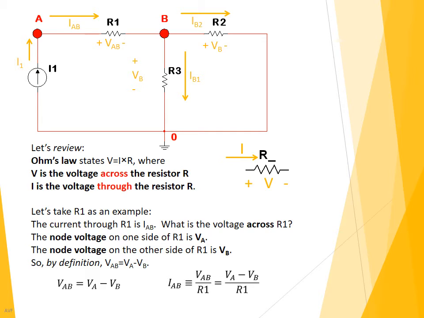And so the Ohm's law expression for the current going through the resistor R1 is IAB is equal to VA minus VB over R1. And it's this expression that we are referring to when in the instructions we tell you use the node voltage expression for Ohm's law.